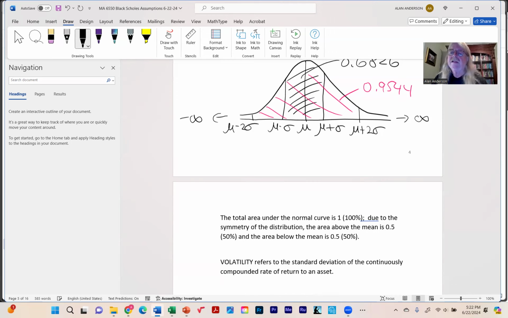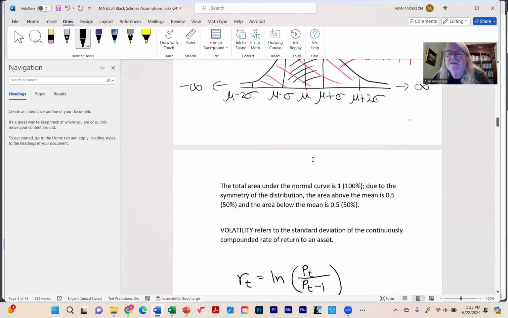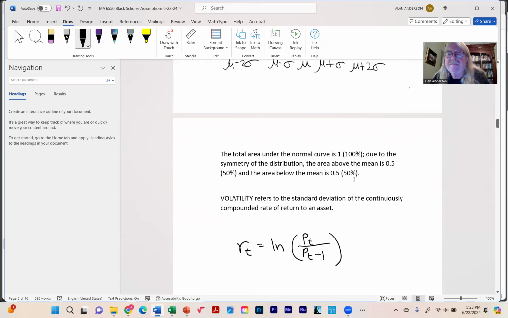That's the only way that the curve can be symmetrical and still have a total area of 1. Now, what we're going to see is in Excel how to calculate any probability we need. These are in-between probabilities. Sometimes we'll need the probability of being below a certain point and above a certain point. We'll get to that in a bit.